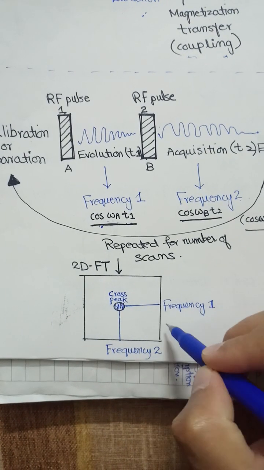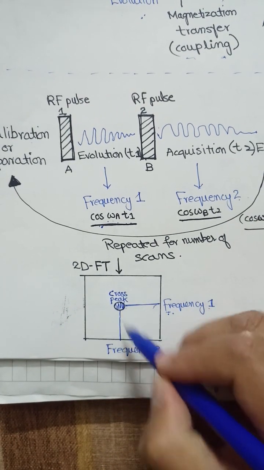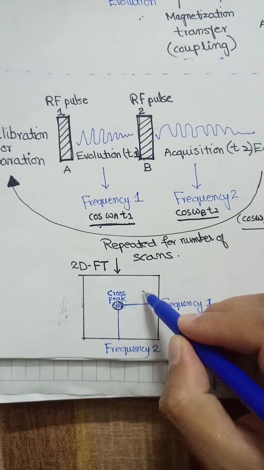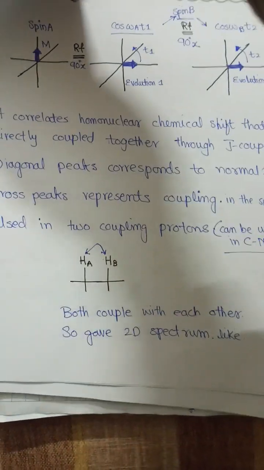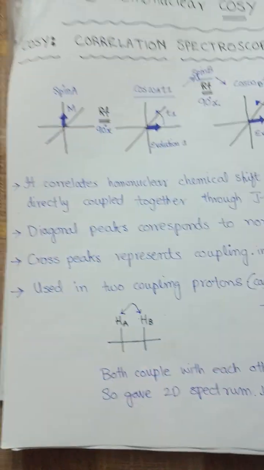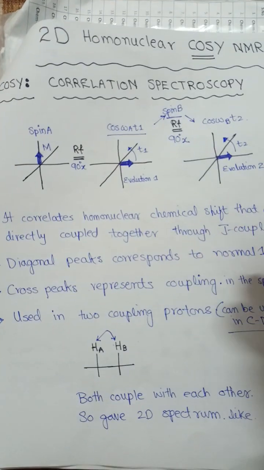On one direction we get frequency 1, and on the other direction frequency 2, and we get different peaks, some of which are diagonal peaks and some are cross peaks. These diagonal and cross peaks we are going to discuss in COSY, that is correlation spectroscopy, and then we will discuss it in detail.